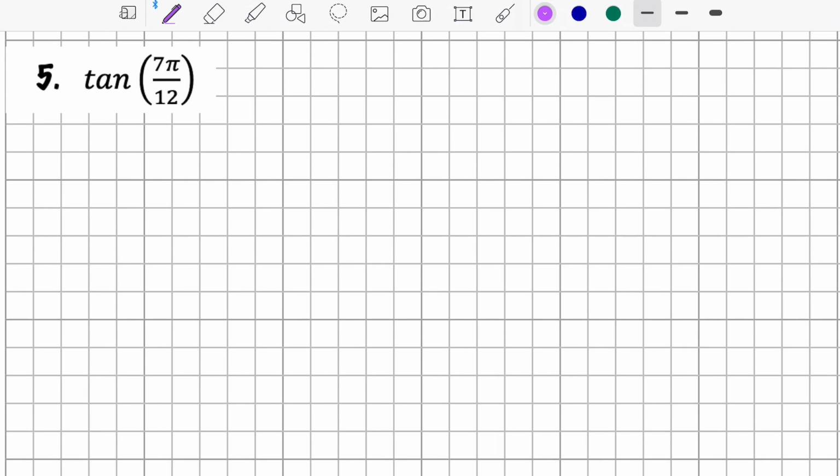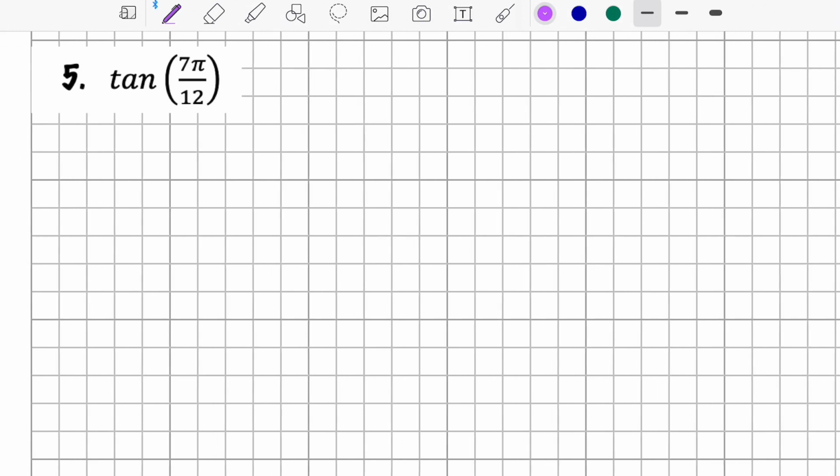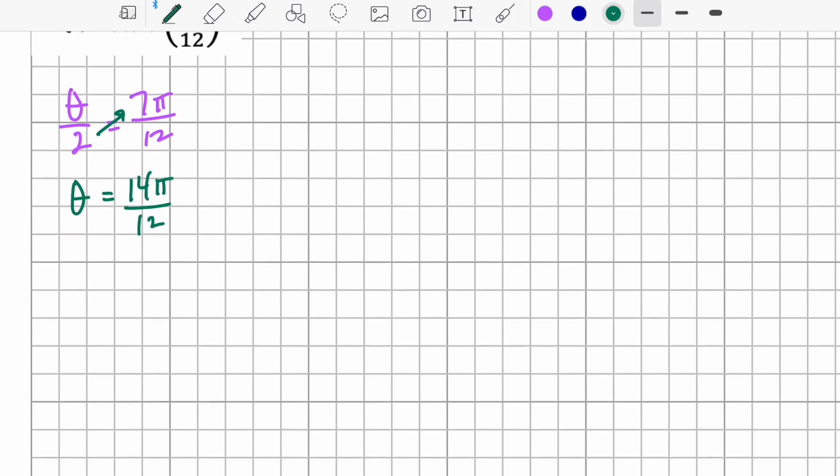Okay, let's do one more with half angle identities. This one is tangent. So to find theta, what I want you guys to do is do the same thing again. Say theta over 2 equals 7 pi over 12. If I cross multiply, we get theta equals 14 pi over 12.